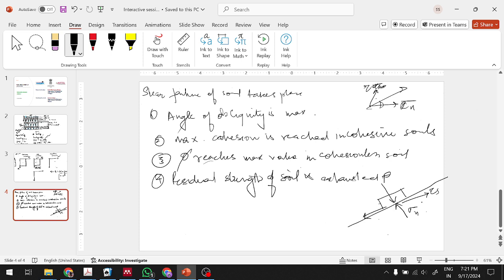Based on this, there will be a resultant, and this is the angle of obliquity. This resultant will change its direction based on the magnitudes of tau s and sigma n. If sigma n is increasing from 0, this angle will keep on increasing. It will not be constant.